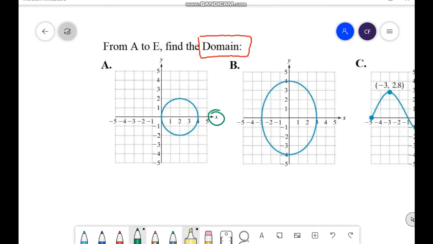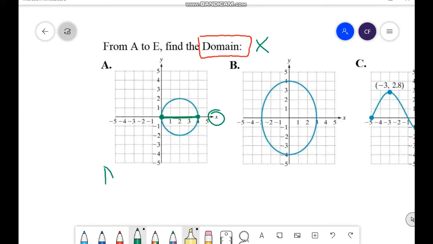Domain is x, and that's why you need to memorize: domain x, range y. Domain x, range y. So for the domain you work on the x-axis, and the domain here is going to be all the points between 0 and 4.